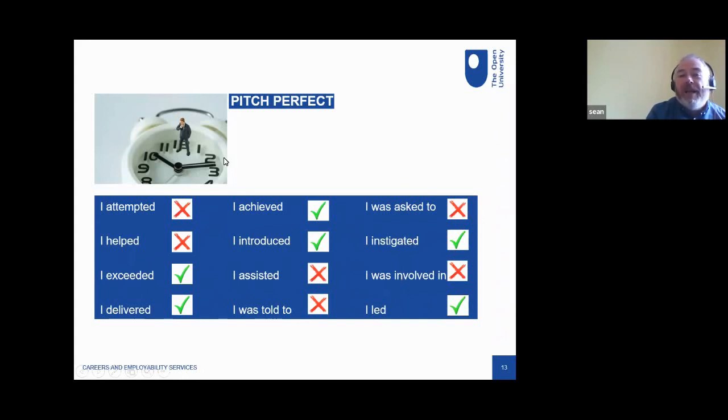And you want to leave out things that were more passive in the role, like, I was asked to, or I was involved in, or I was told to. So think about being more positive and more proactive, and use active verbs when you're describing the skills and duties and experiences that you have gained over your work and your studies.